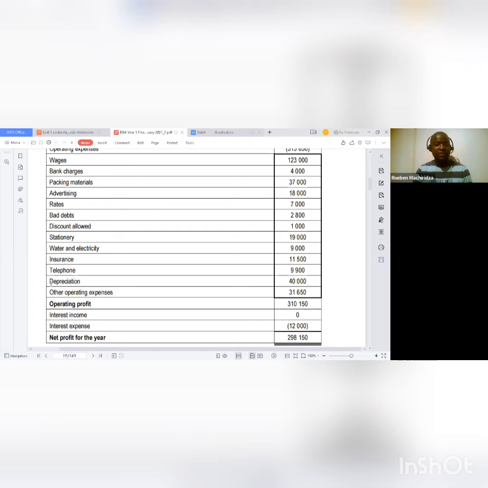And then we have depreciation. Depreciation goes hand in hand with the assets. As we use our assets, we must agree that they depreciate or lose value. We cannot use a motor vehicle for 10 years and expect it to have the same value that it had the first year that we acquired it.